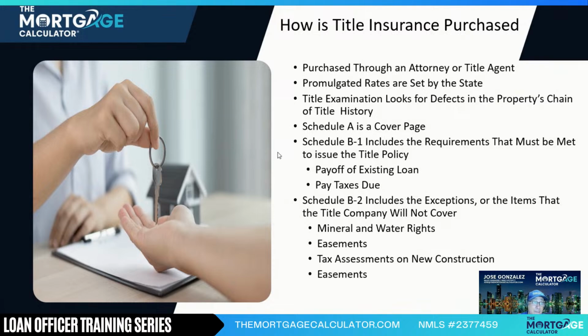The title policy includes a Schedule A, which is a cover page, and it includes a Schedule B1, which is the requirements that must be met to issue the policy, like pay the taxes, pay the current mortgage, stuff like that. Schedule B2 includes the exceptions to the policy, or the items that the title insurance will not cover. These are items such as mineral and water rights, easements, the tax assessments on new construction.